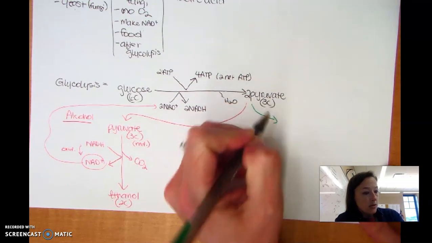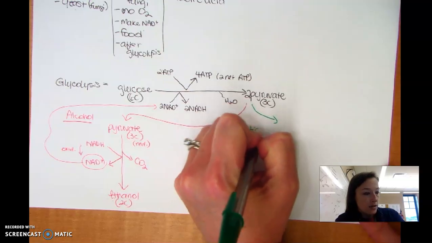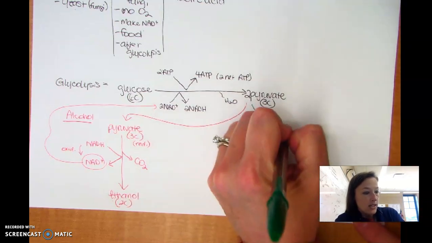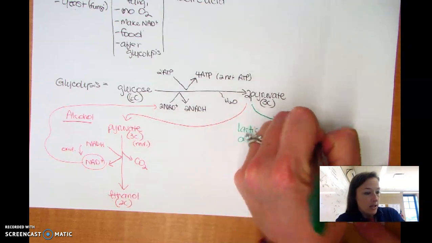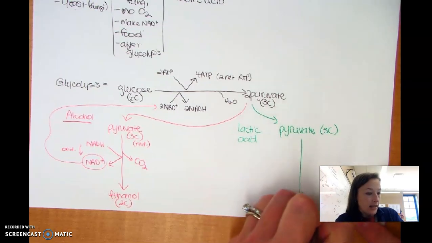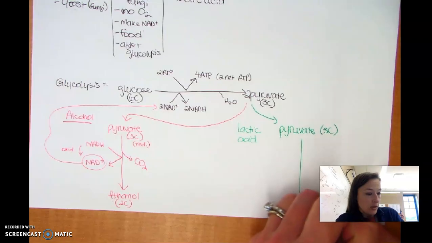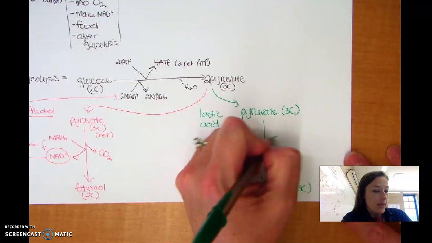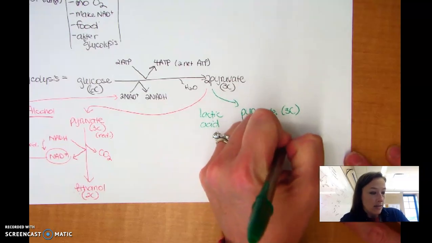So that's what you would do if you were certain bacteria or yeast. What we do, and some other organisms, some bacteria and fungi, is we take pyruvate, which again is a 3-carbon, and we convert it to lactic acid, which is also a 3-carbon. So we're not losing any CO2s here, but that conversion is going to need some electrons.